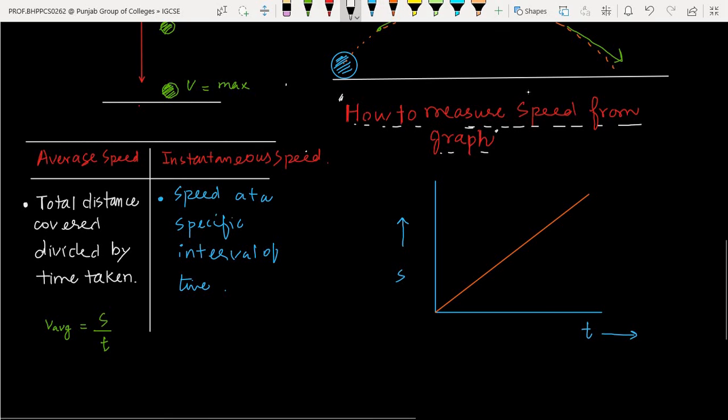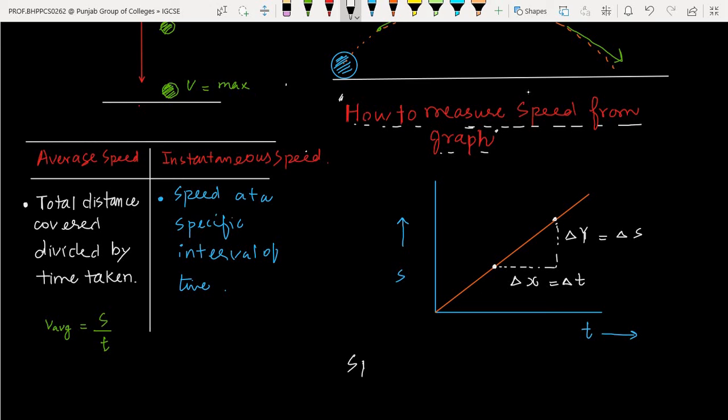We can calculate the gradient of this graph, and for that we need two points. This is the run and this is the rise. This is the change in the y quantity, the change in distance, and this is the change in the x quantity, that is delta t. If we divide these two values, then we can calculate the speed.